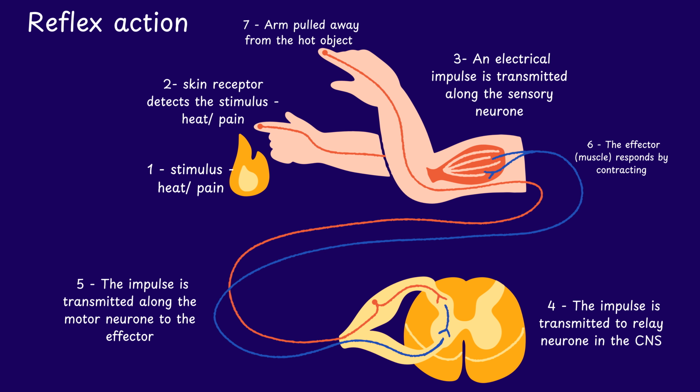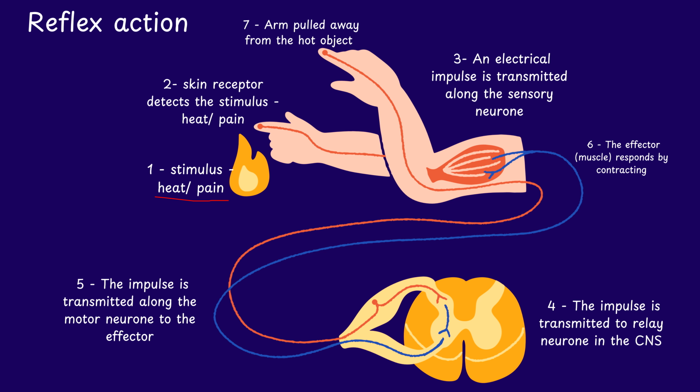Okay, so the first thing that you need to mention is that there is a stimulus. And please state the stimulus. In this example, it is heat or pain. But in your example, students, it could be light. It could be that there is a sound. Okay, but for this one, the stimulus is heat or pain.